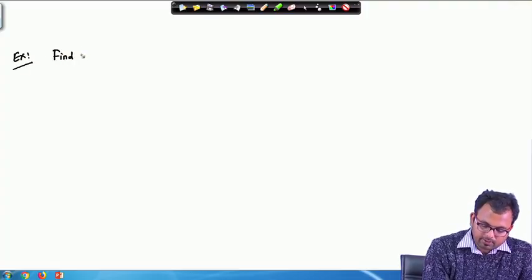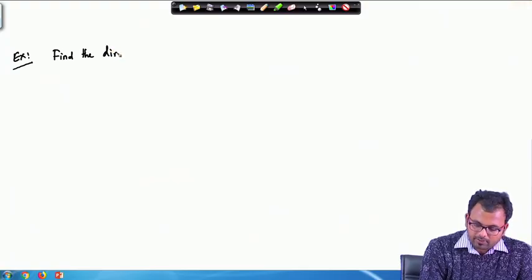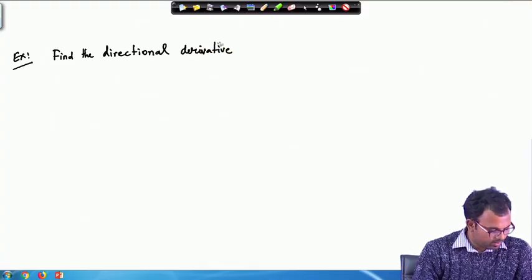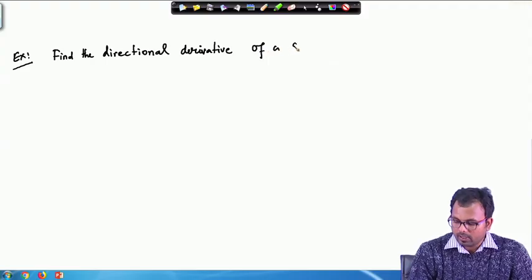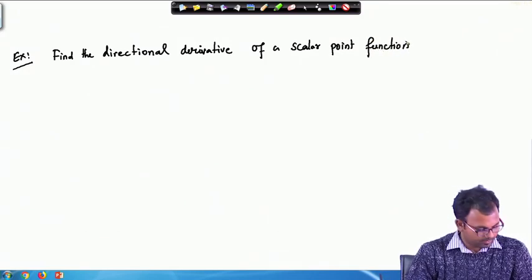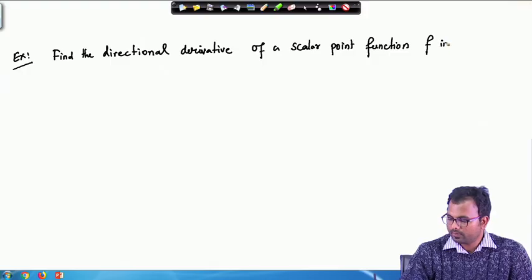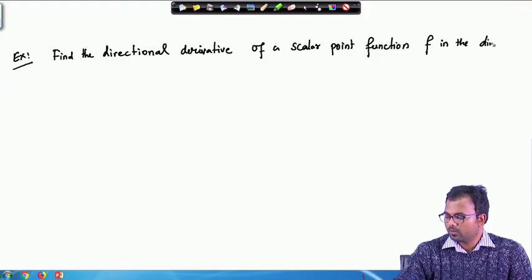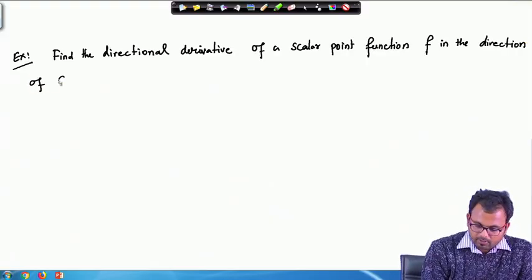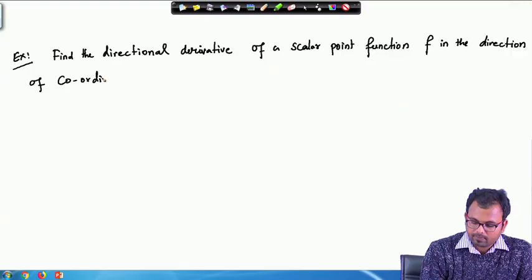Find the directional derivative of a scalar point function f in the direction of coordinate axes.